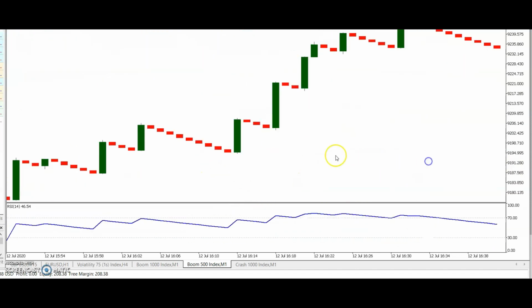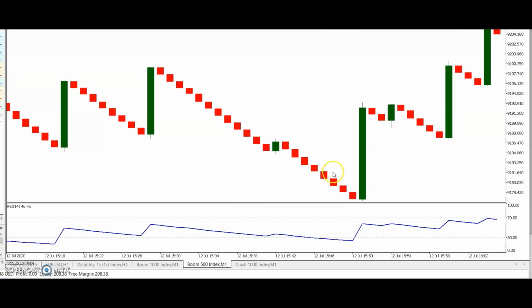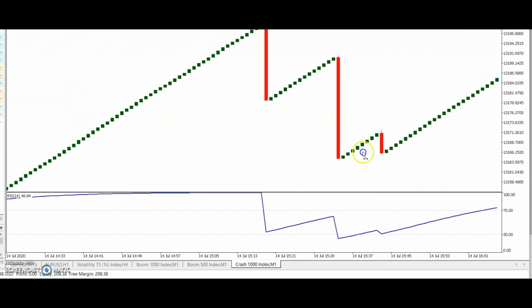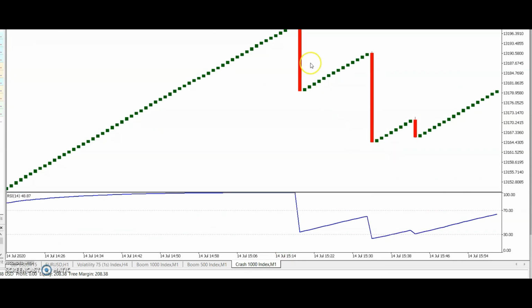Right. So you can go on and on, identifying wherever there is a peak and drawing a straight line on the main chart and on the RSI, and then just using divergence. Are they going in the opposite direction?